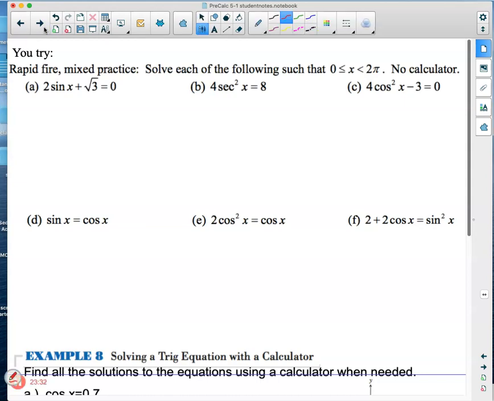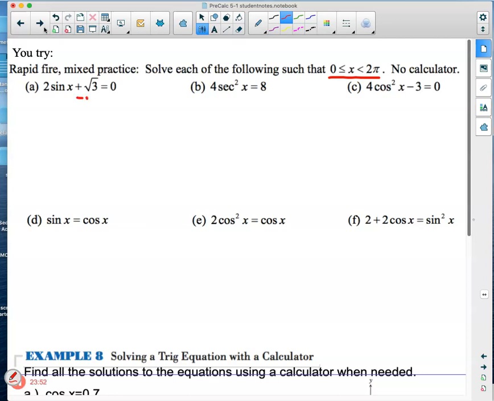The good thing here, it says solve each of the following such that we're staying between 0 and 2 pi. So we're not going to come up with any fancy formulas for these. We're just going to figure out what we have in one rotation without a calculator. So I'm looking at A, and I think, you know what? I think I can solve that for sine of x.